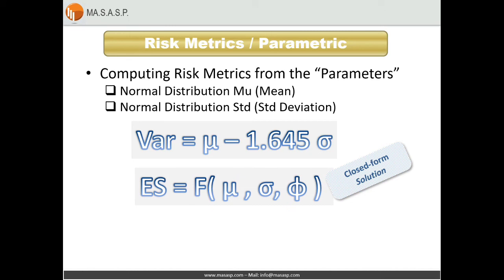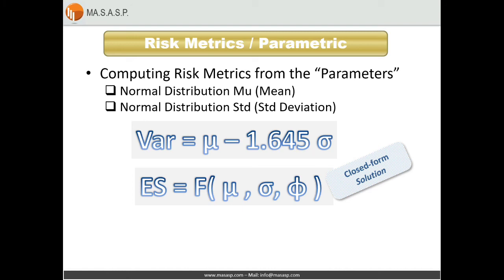This formula involves the mean and the standard deviation of the profit and loss distribution, which are called parameters, and the probability density function of the normal distribution, whose table can be downloaded from the internet.